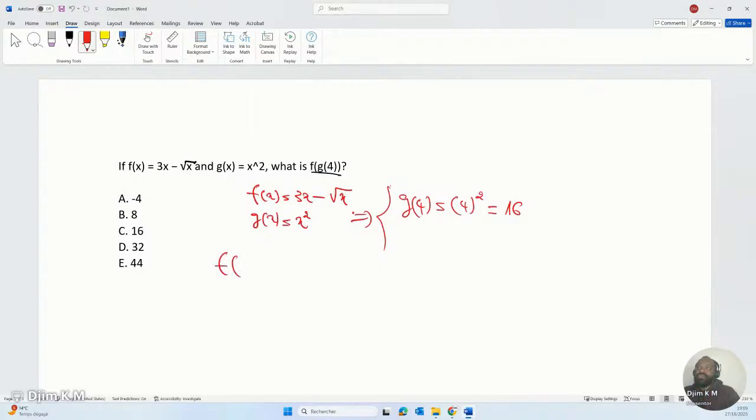So f(g(4)) is equal to f(16) minus the square root. So we are going to replace x by 16. It's going to be 3 times 16 minus the square root of 16.